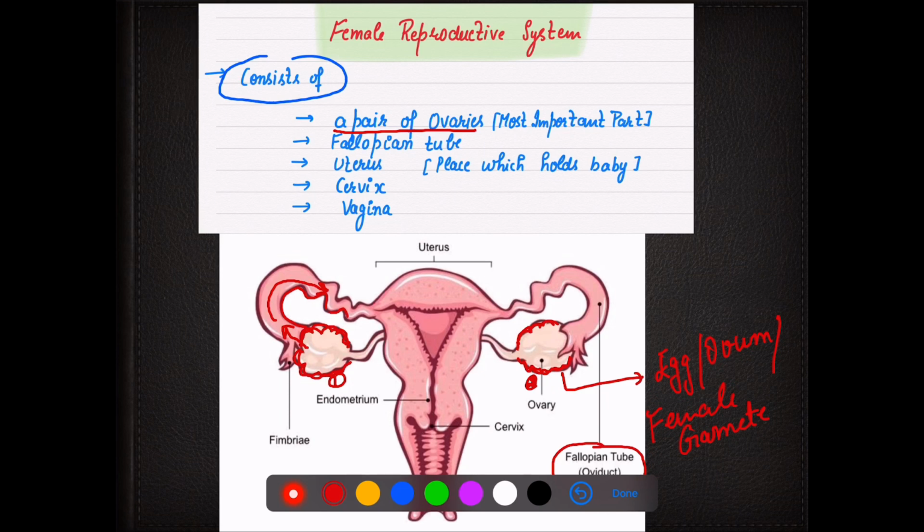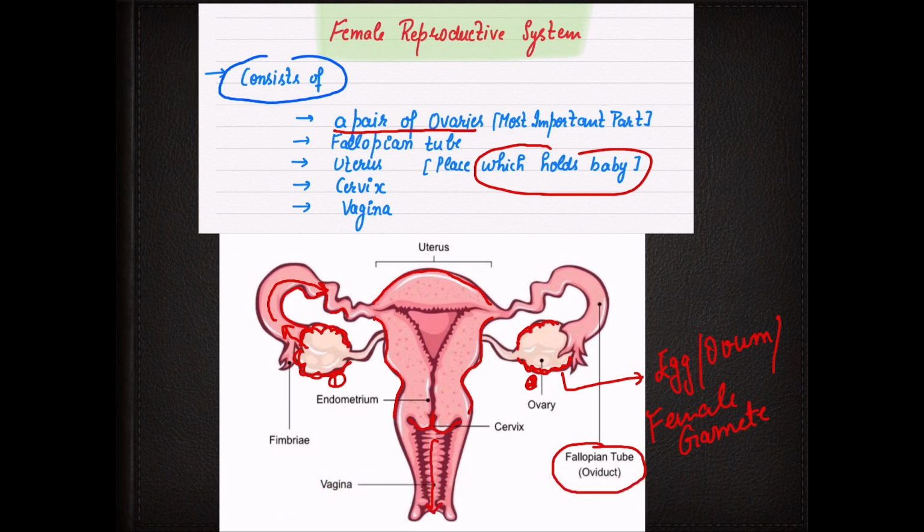Then there is this pear-shaped structure, our uterus, which holds the fetus, or embryo, or baby. This is the structure in which the growing embryo is present.